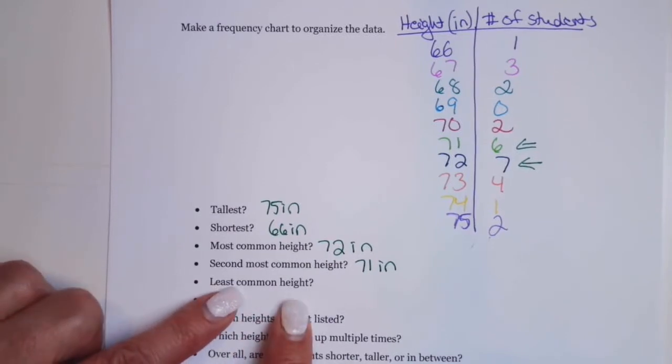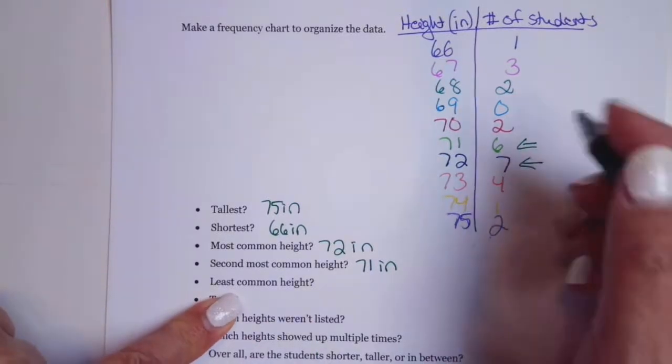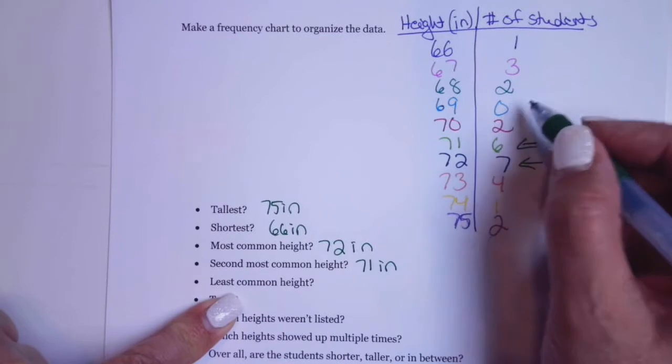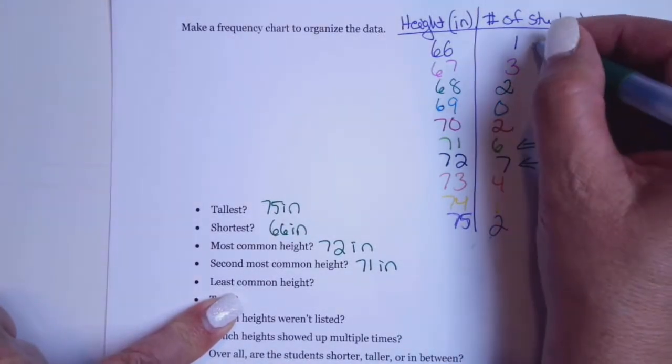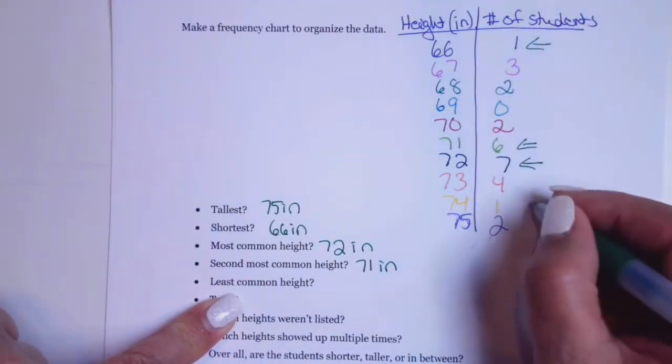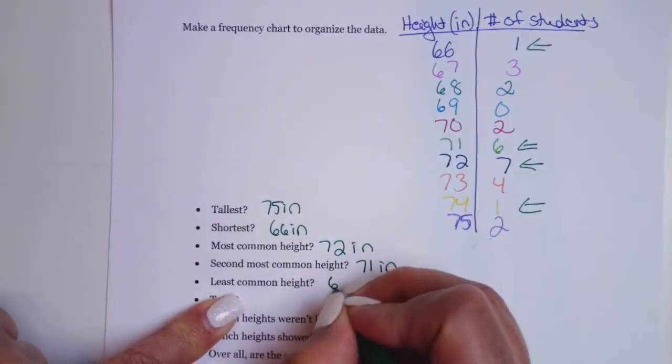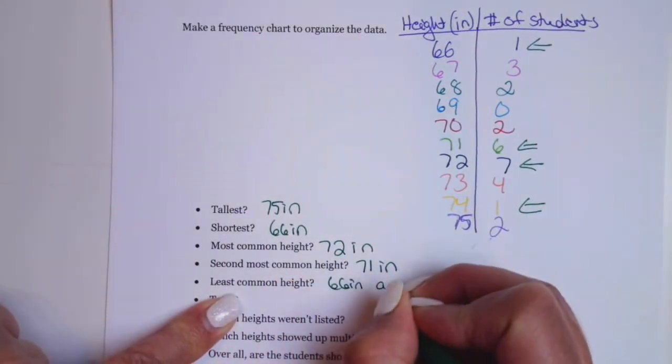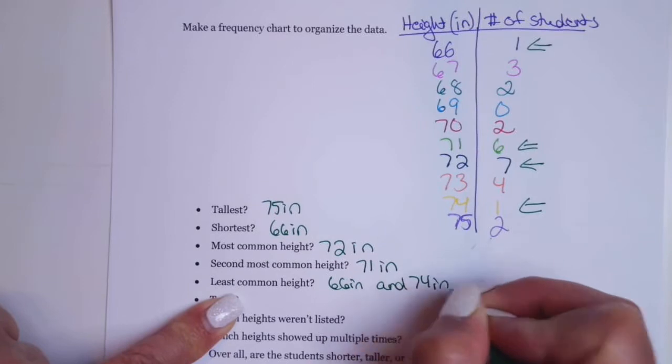Well, least common height, we don't have anyone in 69, not at all. It's not listed. But least common height, where we have one student, is 66 inches and 74 inches.